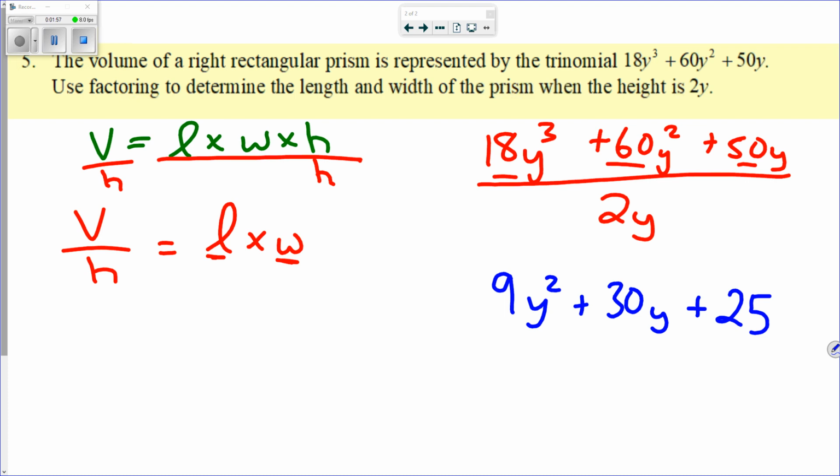So that's going to be length times width. Now, if we were to factor that, we could come up with our length and our width.